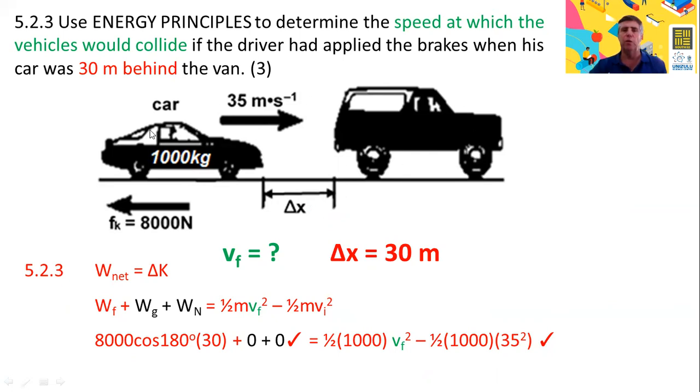You can see that a good drawing with arrows and labels on it is very helpful. Do the calculation, and we can calculate that the final velocity would be 27.29 meters per second. Now, that's equivalent to about 100 kilometers per hour. So you can see that a 30-meter stopping distance is just simply not enough if you're traveling at about 120.